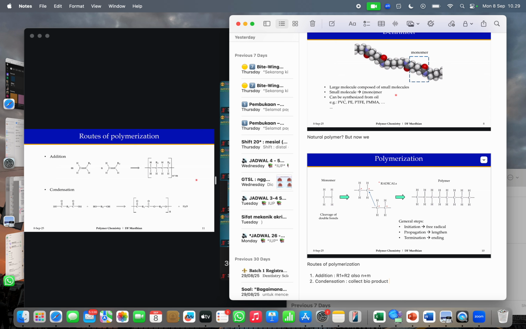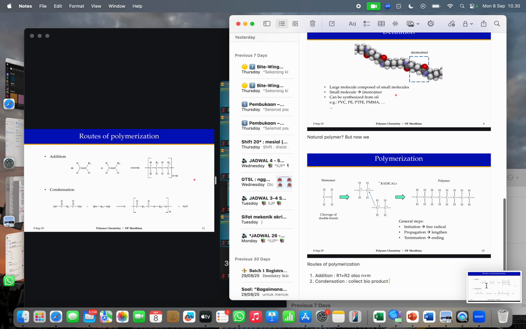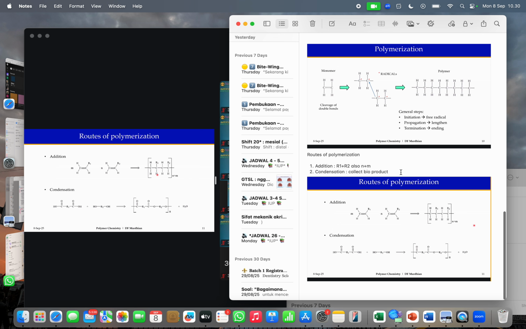So actually, if we look at these two types of polymerization routes, we can already decide which route is better. Which route is better for our needs in dentistry?